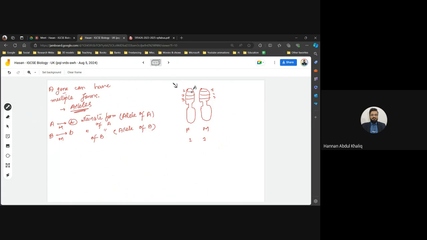This locus is dedicated for gene A. It means that when you get it from your mother, obviously the locus 1 of chromosome number 1 is dedicated for gene A, so it would also have A. Suppose that the locus 2 of chromosome number 1 is dedicated for gene B, no doubt, but the alternate form, or allele, can occupy the locus.